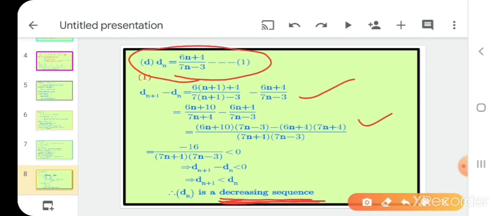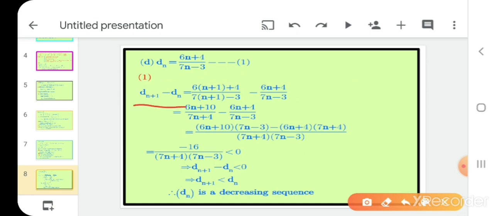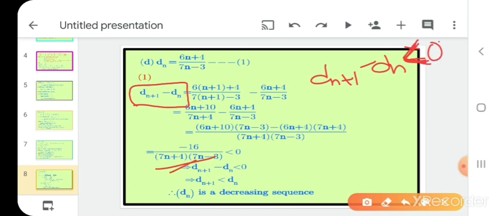For finding an increasing sequence or decreasing sequence we use this method. What is that method? We find the dn plus 1 minus dn value. If dn plus 1 minus dn is greater than 0, this is an increasing sequence. What do we get here? Less than 0, a negative value. So I write minus, less than 0.